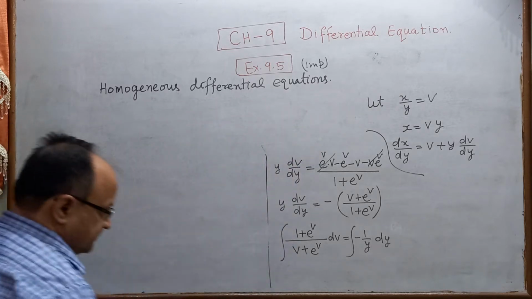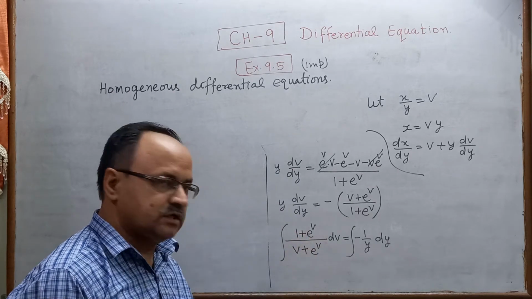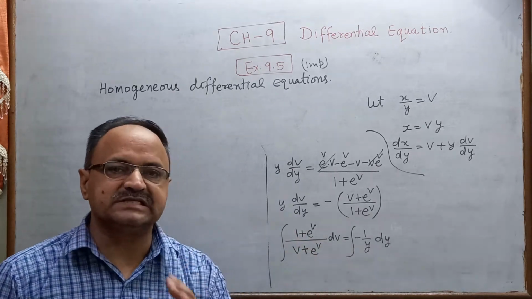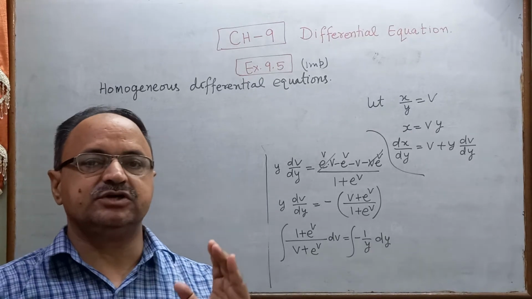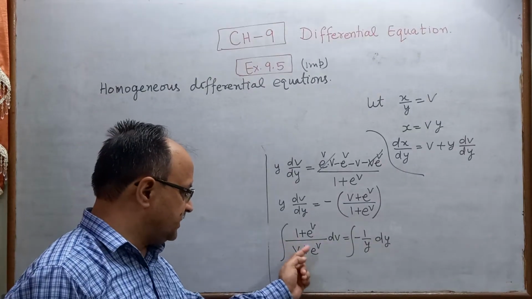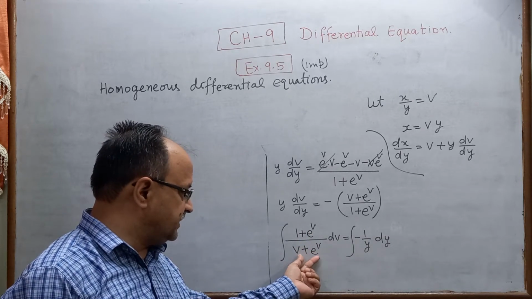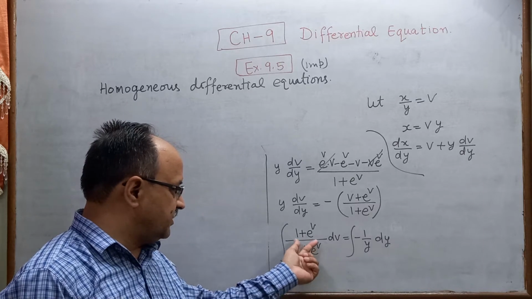Now you know that the derivative of the denominator is present in the numerator. If you let v plus e to the power v is equal to t, then the derivative of v is 1, and the derivative of e to the power v, it means the derivative of the denominator is present in the numerator.